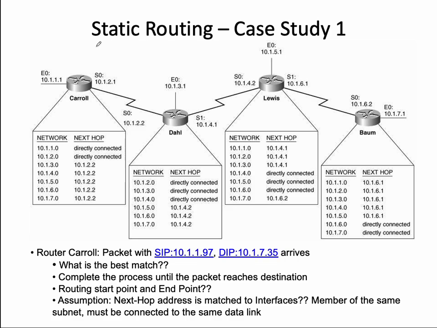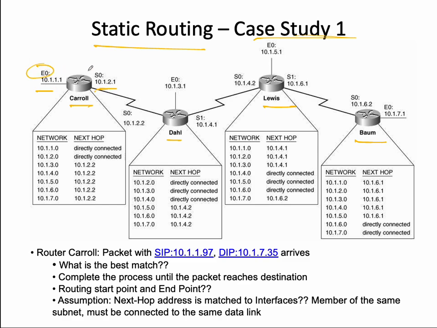Now let's take an example of static routing use cases, right? As you see here, there are 4 routers connected: Carol, Dahi, Lewis, and Baum, right? These are the 4 routers, and you can see each router has 2 interfaces, right?